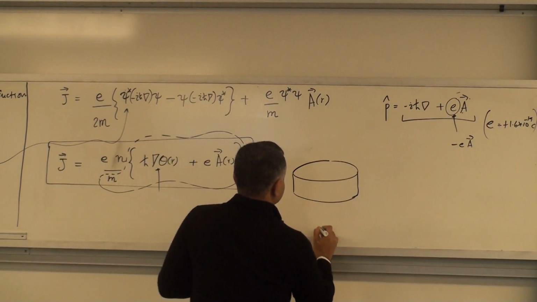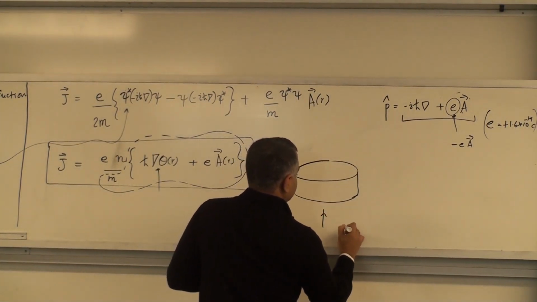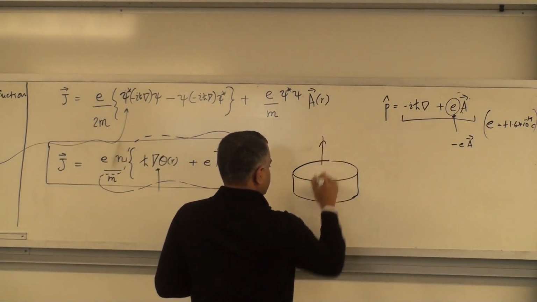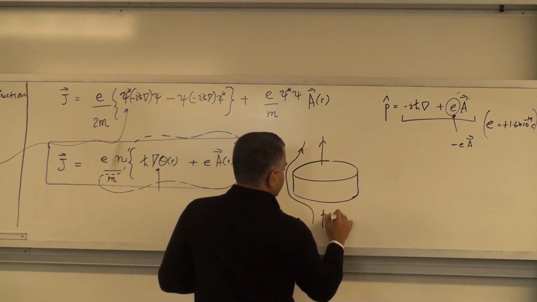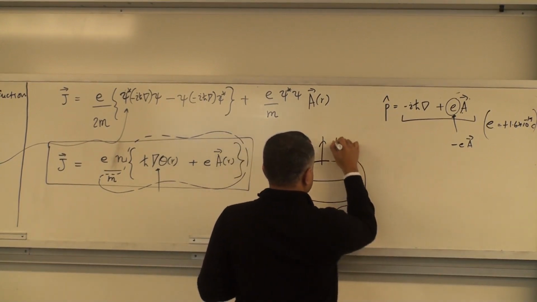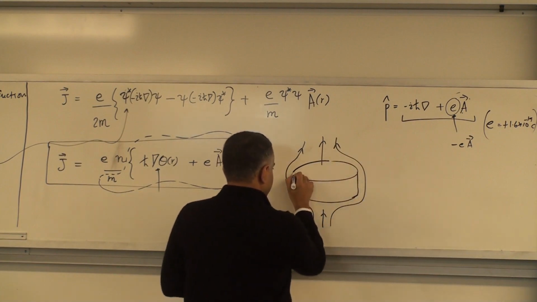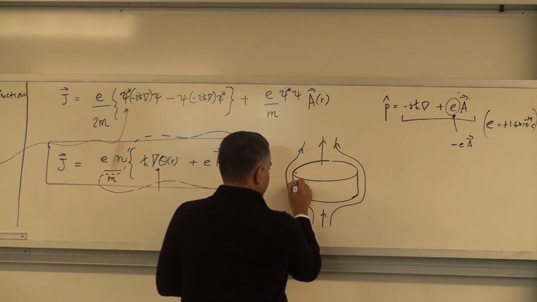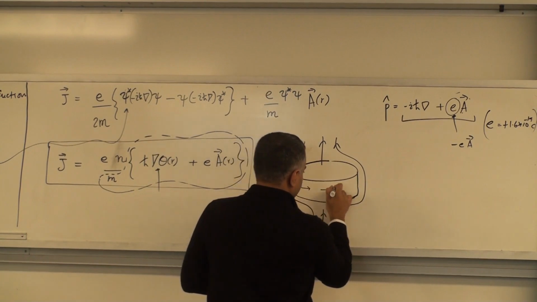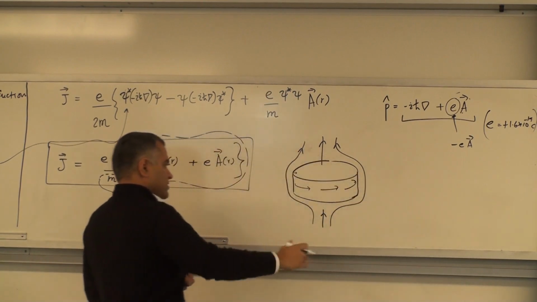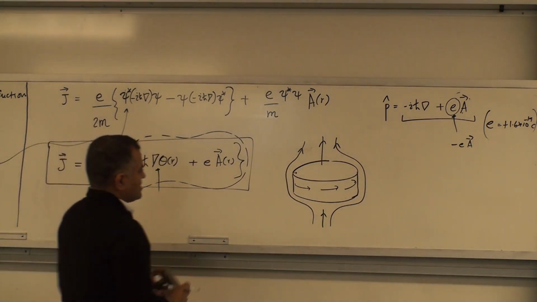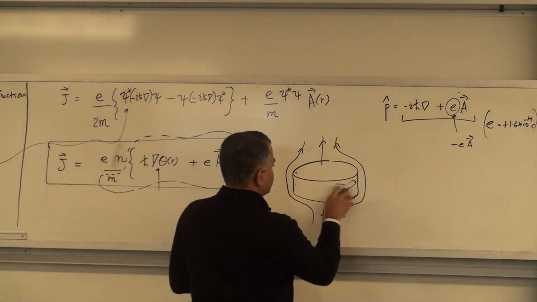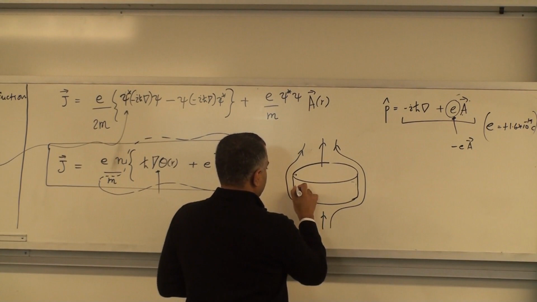So the magnetic field lines will go around the superconductor, and there'll be a certain, very thin depth to which they will go, and there'll be a current that will flow all around the surface of the cylinder, actually the other way, I guess, so that inside the superconductor they're all cancelled exactly.